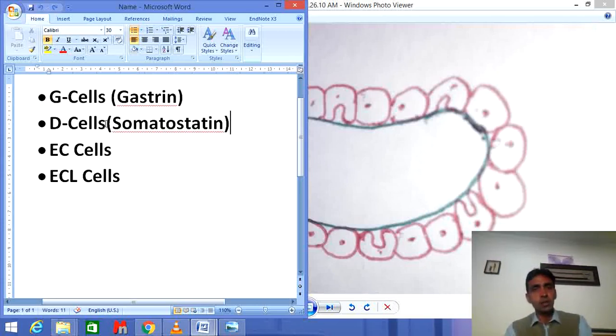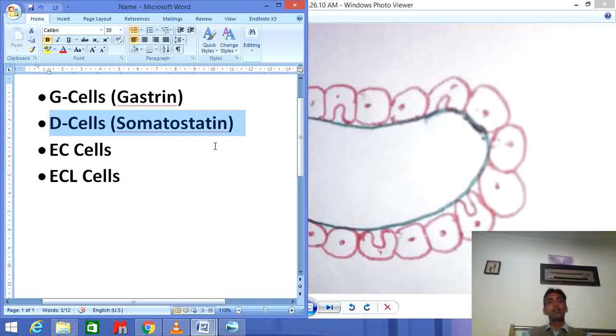This is responsible for the inhibition of the parietal cell. Gastrin is responsible for the activation of the parietal cell, and somatostatin is responsible for the inhibition of parietal cells to secrete the HCl.